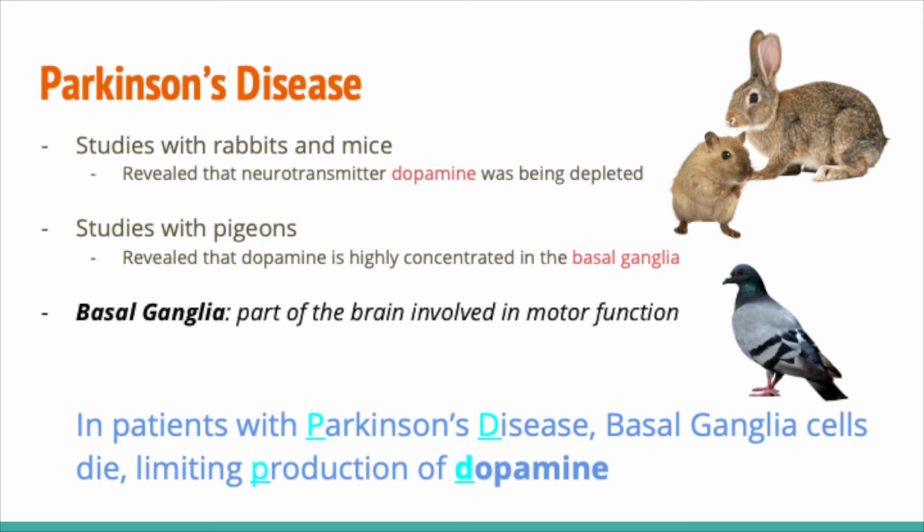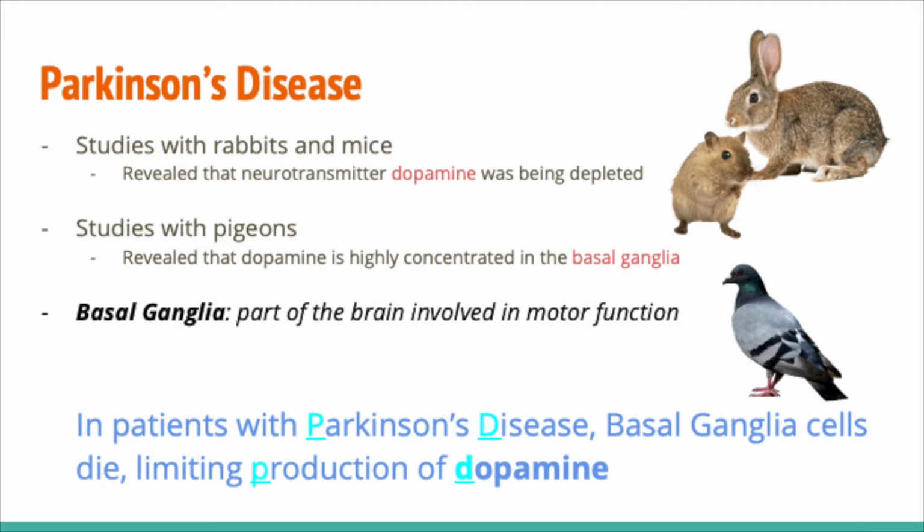I want to talk about Parkinson's disease and how it has been specifically studied in rabbits, mice, and pigeons. While they were studying Parkinson's disease in rabbits and mice, they were able to find that the neurotransmitter dopamine was being depleted in these mice that had Parkinson's disease-like symptoms.